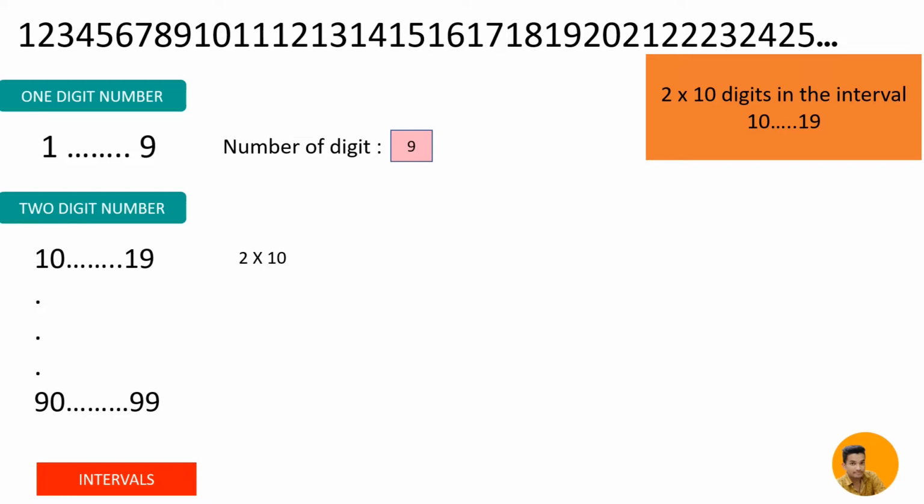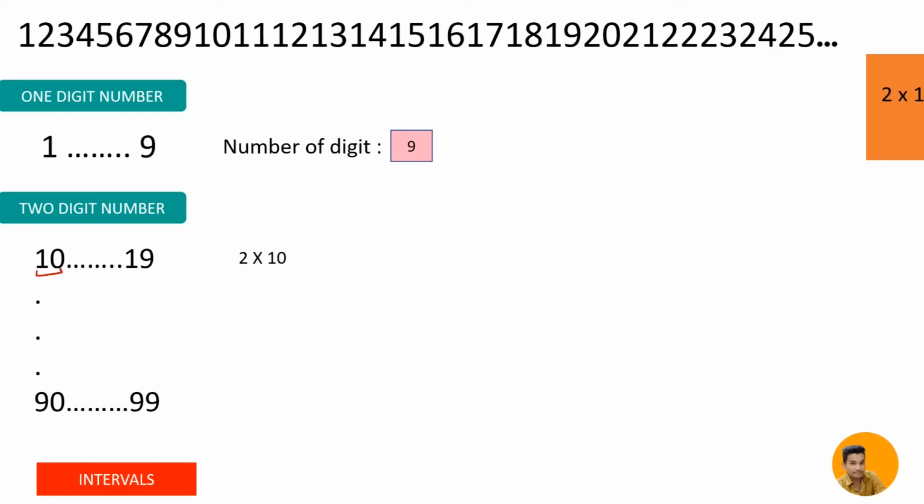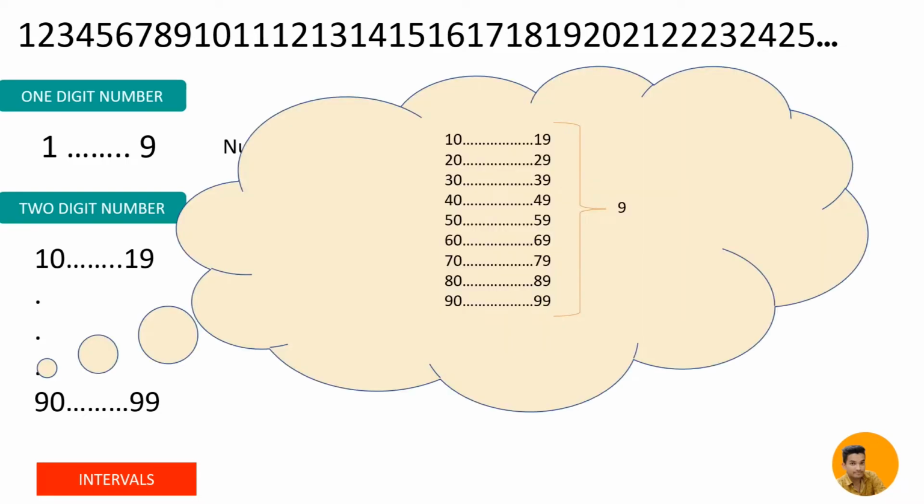So there are 2 digits and there are 10 such numbers, correct? So I have written 2 into 10. But 2-digit numbers are from 10 to 99. That means the number of digits would be, first the block of 10, then 20, then 30, 40, 50, 60 and so on. That means we have how many such blocks? 1, 2, 3, 4, 5, 6, 7, 8, 9.